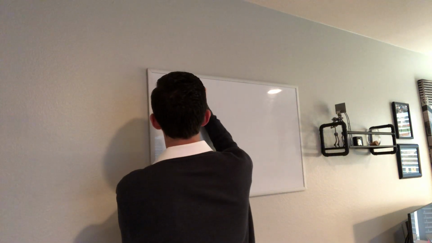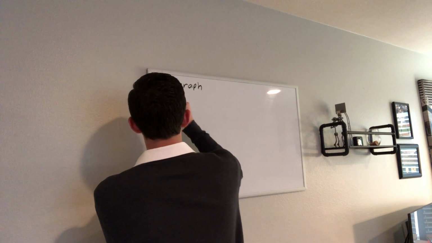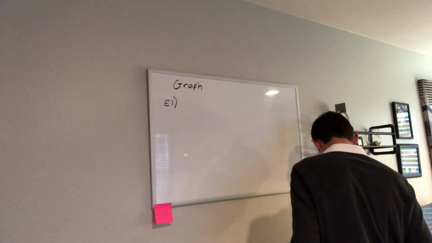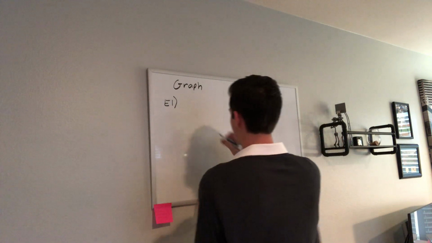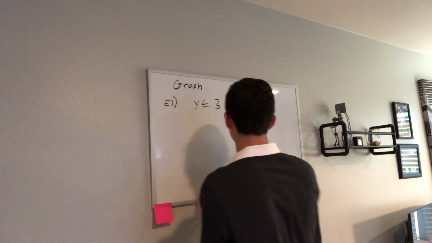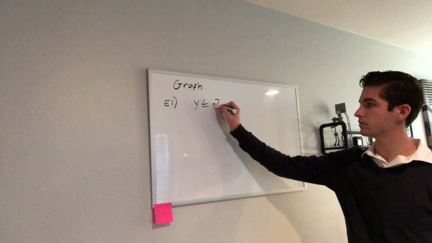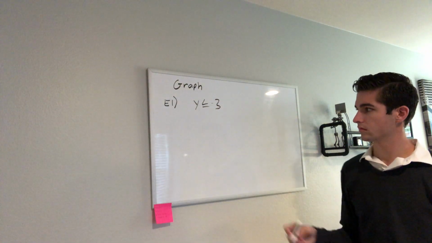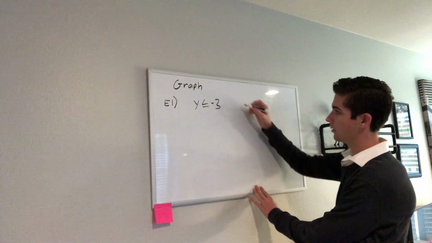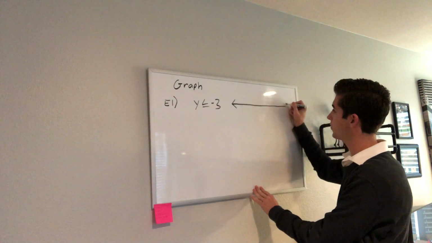So we're going to graph. For example 1, we have y is less than or equal to -3. So, I'm going to draw a number line.